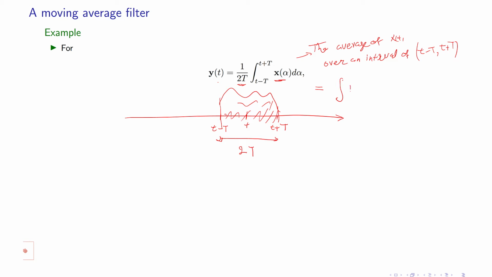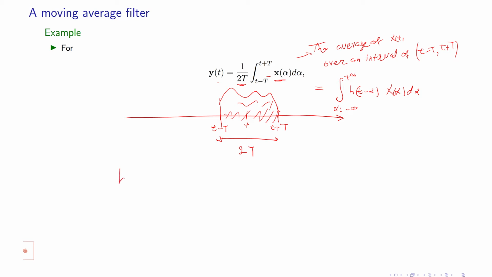The convolution integral is h of t minus alpha times x of alpha d alpha, where alpha varies from minus infinity to plus infinity, because the boundaries of these two integrals are different. So h of t shall be 0 outside of this interval.